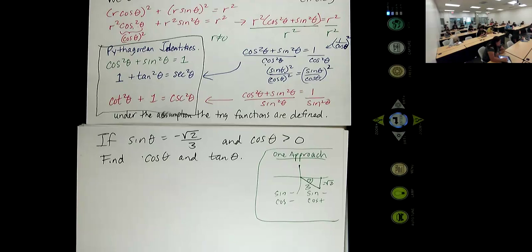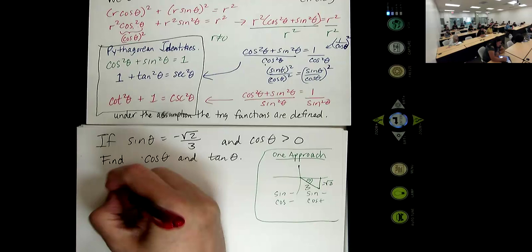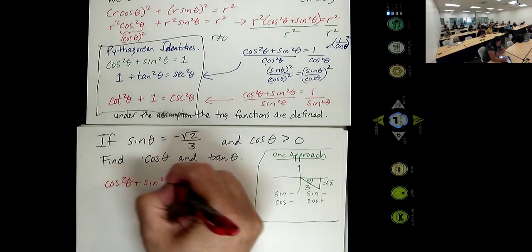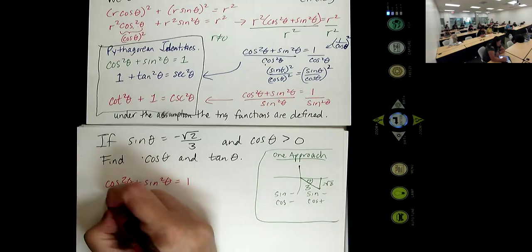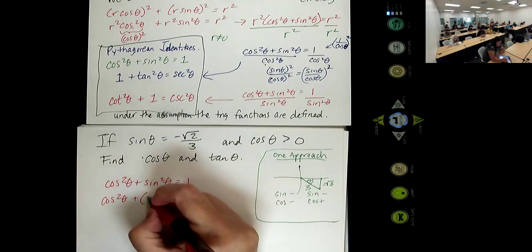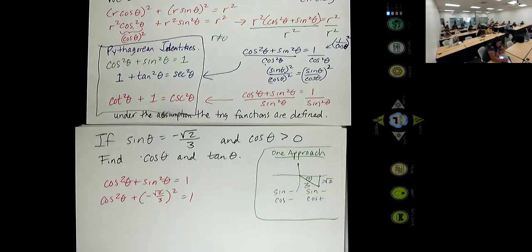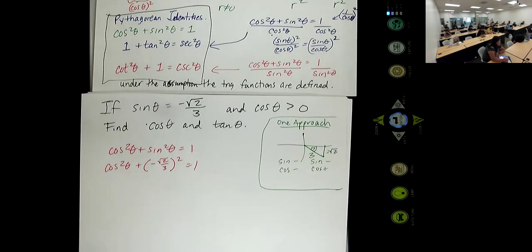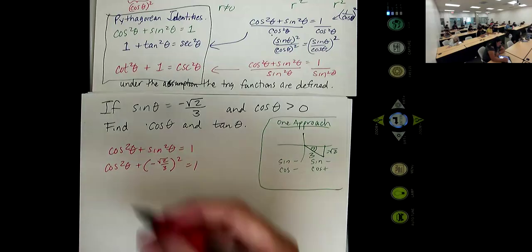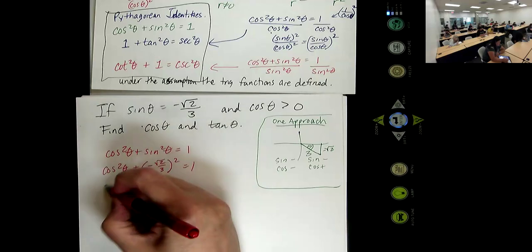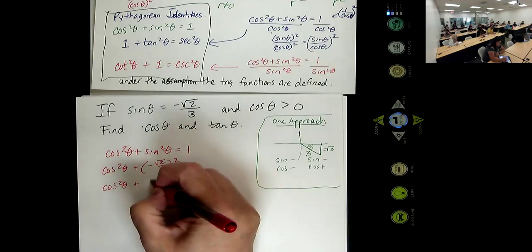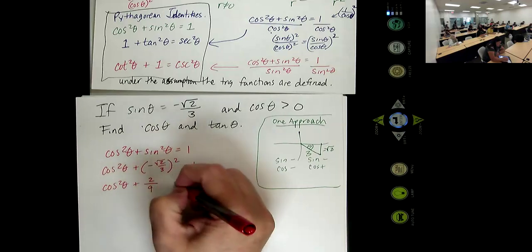Let's take advantage of our identities though. We could also say cosine squared theta plus sine squared theta equals 1. So cosine squared theta plus negative square root of 2 over 3, squared, equals 1. Cosine squared theta plus, I square that, the top is 2 and the bottom is 9.